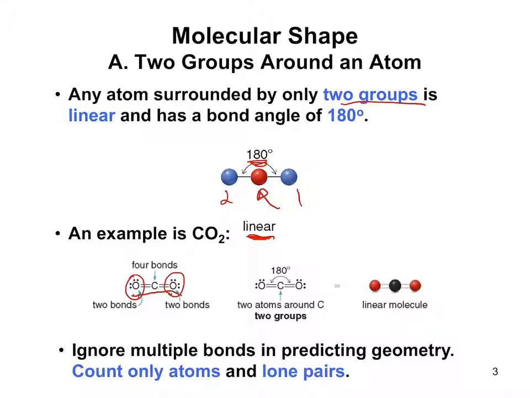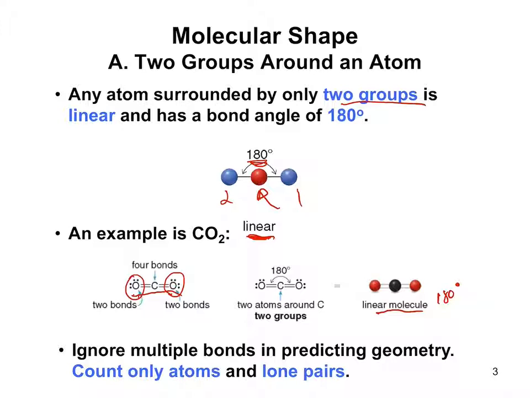That's two groups connected, the same as the fictitious example above. We basically have two groups, so they're going to be 180 degrees apart from one another. And we say that CO2 is a linear molecule with a 180 degree bond angle. So that's how we would say that.